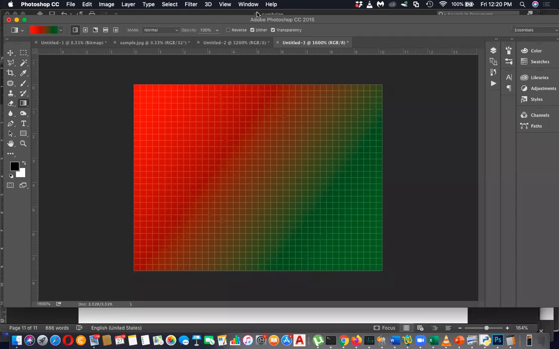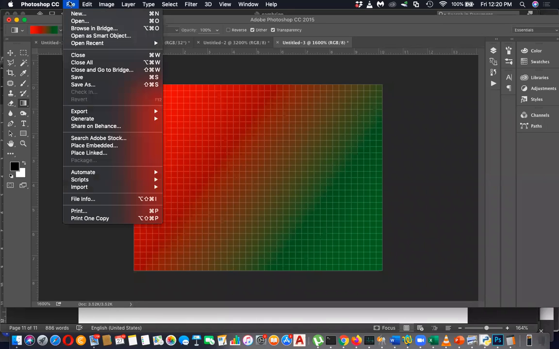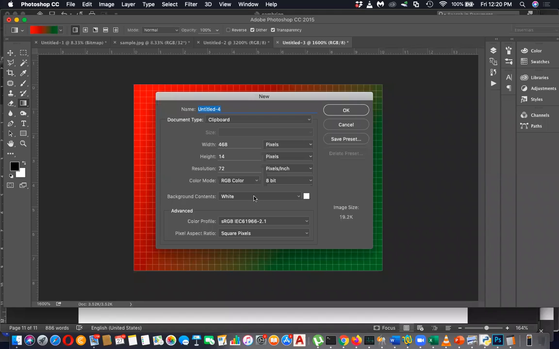Okay, then let me increase this. Again, I'm going to keep the same size, 4 inches by 3 inches, and change this to 100 pixels per inch.